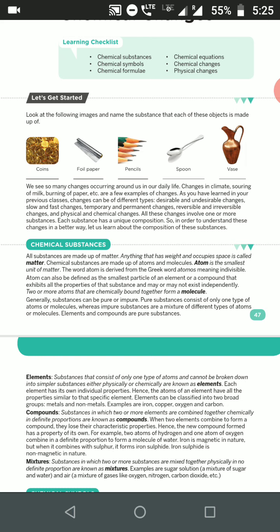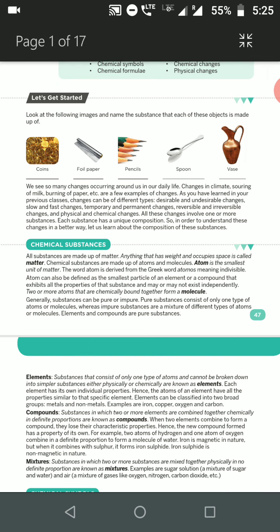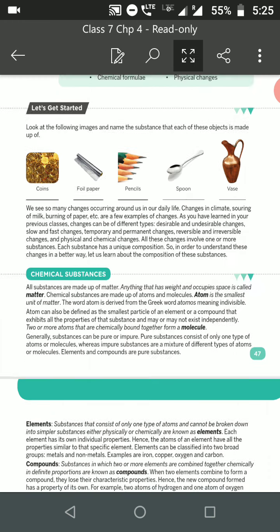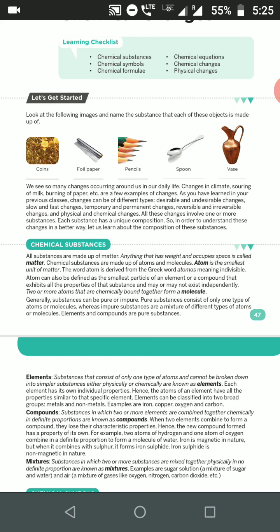So atom is the smallest particle of an element or a compound that exhibits all the properties of a substance, and it may or may not exist independently. Then what is a molecule? When two or more atoms combine together, they form a molecule.